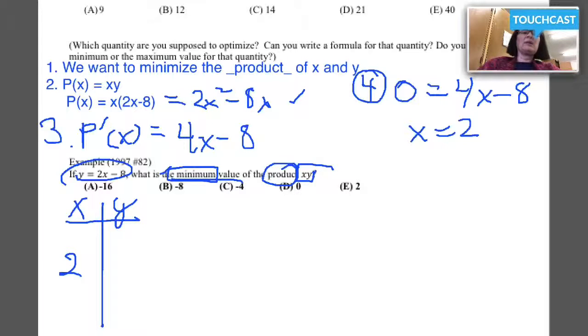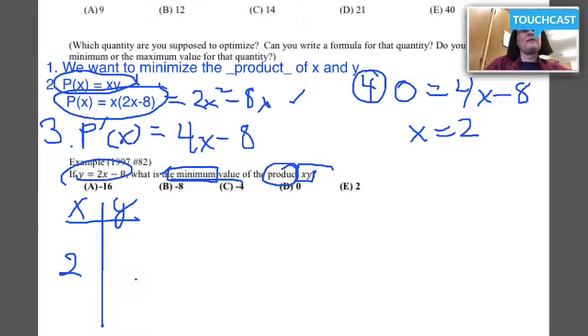So here's a place we don't want to make a mistake. We know the minimum value of this original product function happens when x equals 2. Can we actually find that product? Well, go back to your original product function, or this version works too.